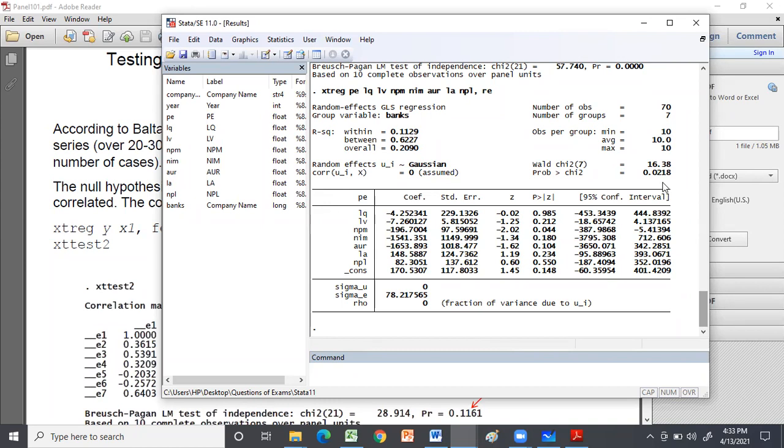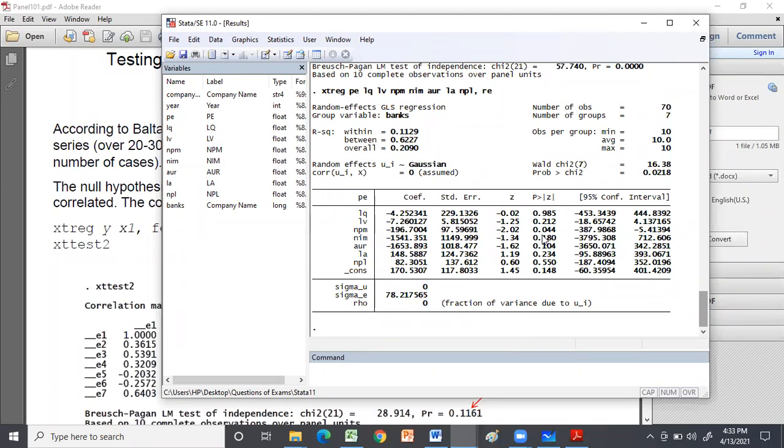So in overall significance, when you have gone through the random effect GLS regression model, you can see that all explanatory variables are affecting the dependent variable PE ratio. Okay. But individually, only one variable is found statistically significant, NPM or net profit margin ratio. So net profit margin ratio is found statistically significant in affecting the price earning ratio.